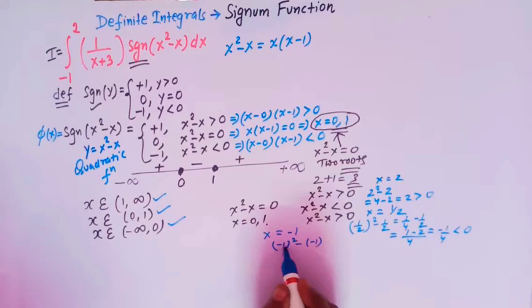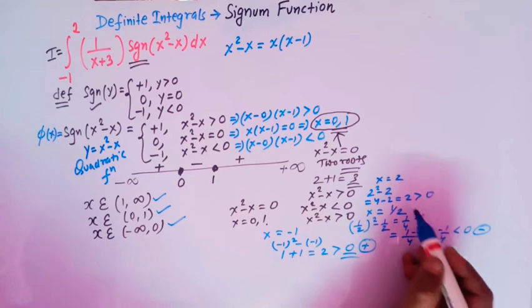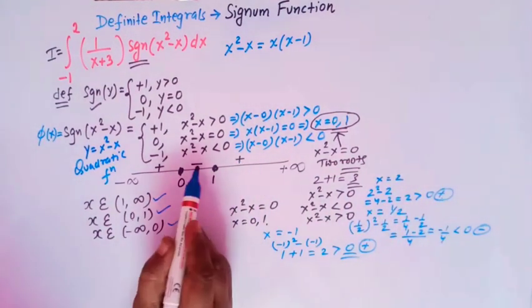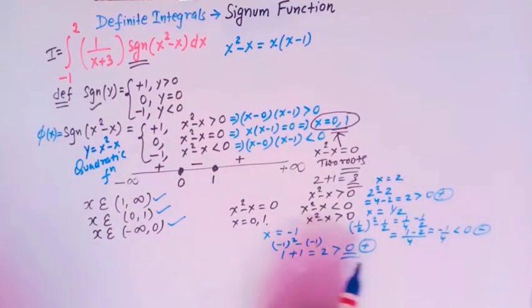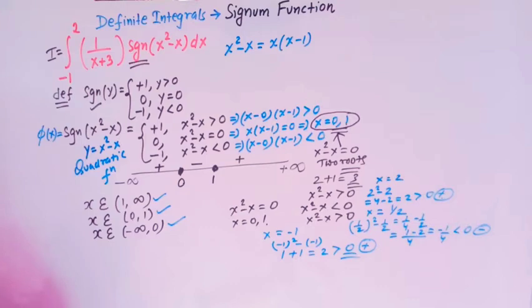So we have minus 1 square is 1, and this is minus minus plus, and this is 2, which is obviously greater than 0. So this is positive, this is negative, and this is positive, right? So this is how we assign the sign of the inequality in the given intervals, right?